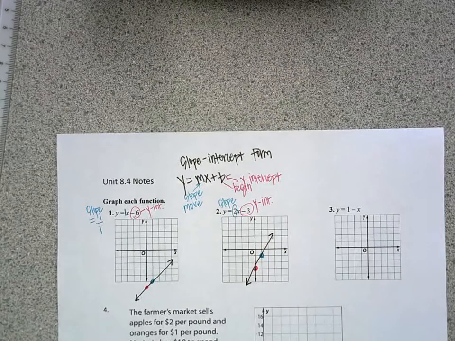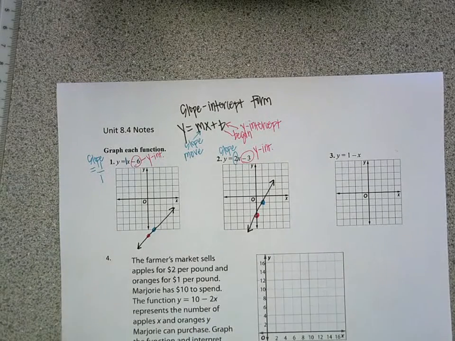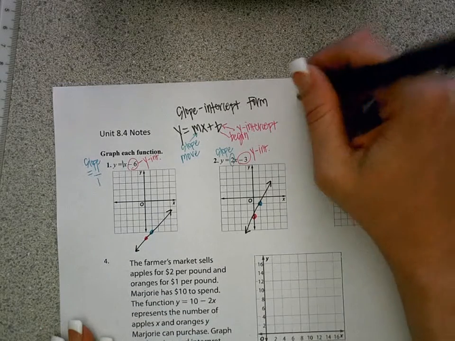Now, we're also going to talk about something today called continuous and discrete graphs. Do you think that these lines are continuous or discrete? What does continuous mean? It keeps going. Okay? Continuous means that it's a solid line.